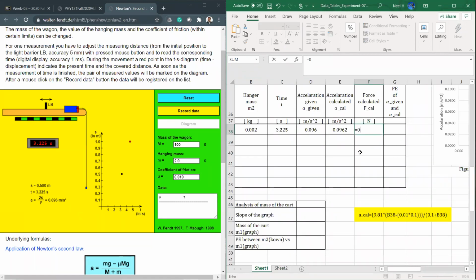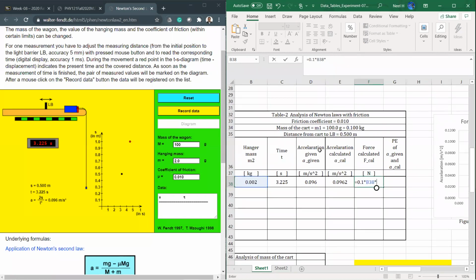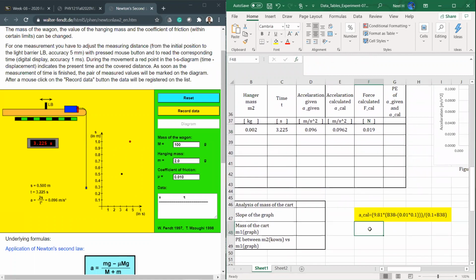Equal sign, m1 is 0.1 multiplied by m2, which is cell B38, multiplied by parentheses 1 plus mu, where mu is 0.01, times 9.81, divided by parentheses m1 is 0.1 plus m2, click on the cell B38, close brackets, hit enter. Let's copy paste that function into here. That's the force cal.